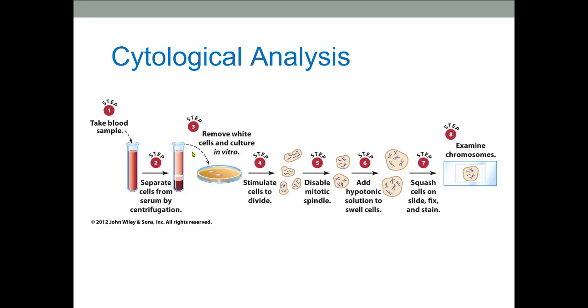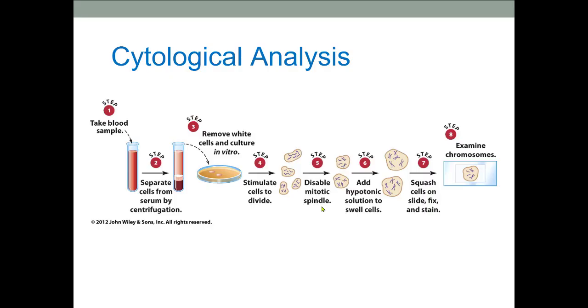In any case, we would culture those cells here, stimulate them to divide, and importantly, disable the mitotic spindle. The point of doing that is to synchronize all of the cells in the same part of mitosis.